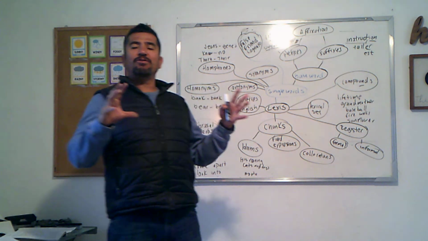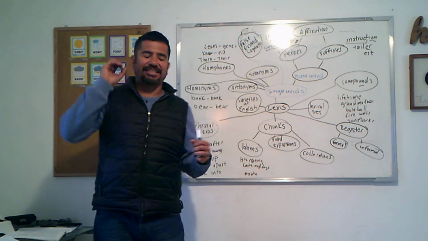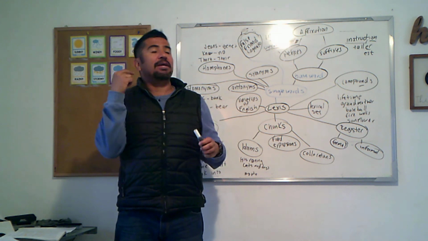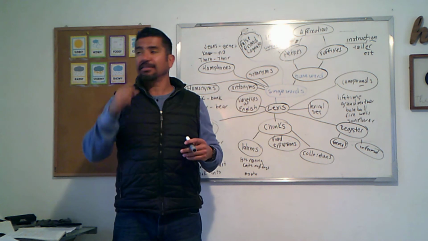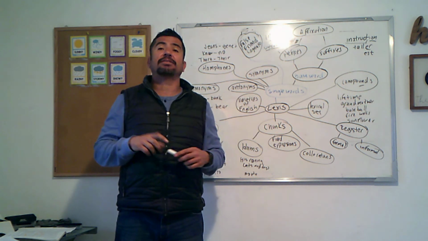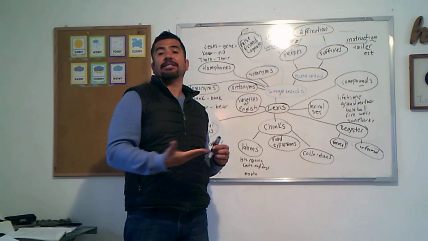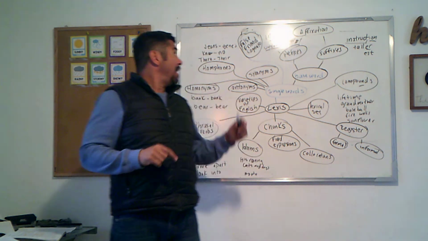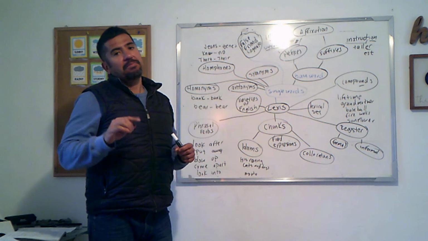Now, the homophones sound exactly the same. If you hear them, not in context, if you don't look at the way they're spelled, they sound exactly the same. But they are spelled differently and they mean different things.